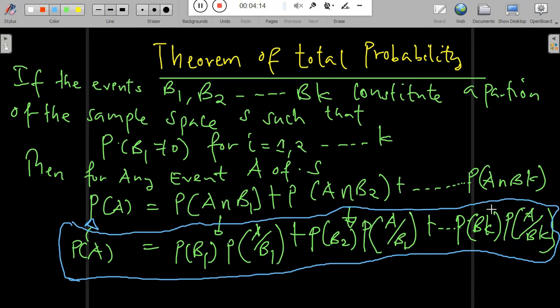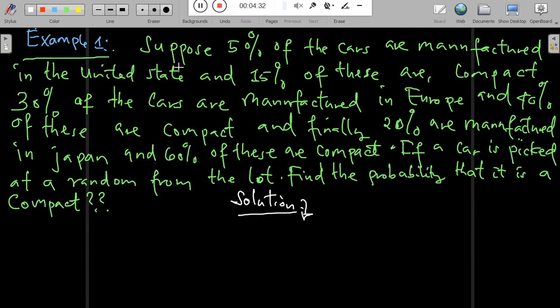It will be better now to go through an example so that we can master how to solve different problems by using the theorem of total probability.